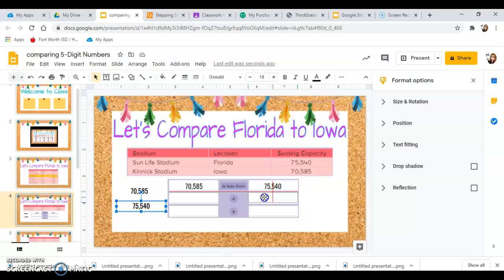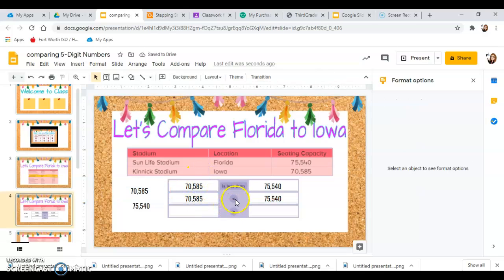That way my crocodile gets the bigger snack so he doesn't get a tummy ache. Which means that on the first side, just like in the first example, I'm going to put the number 70,585. So now using the symbol, it reads the same as the top.